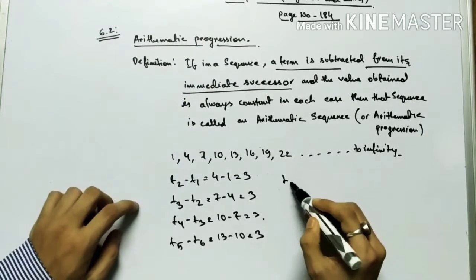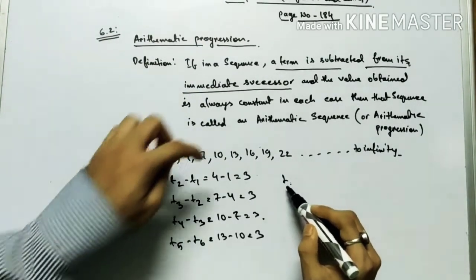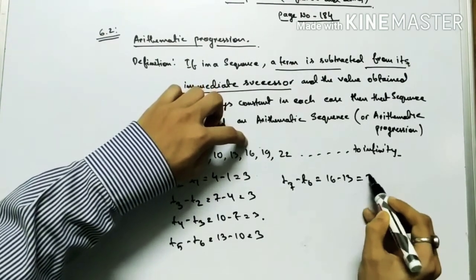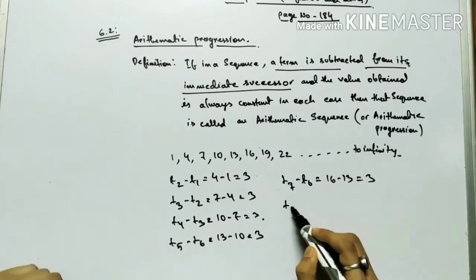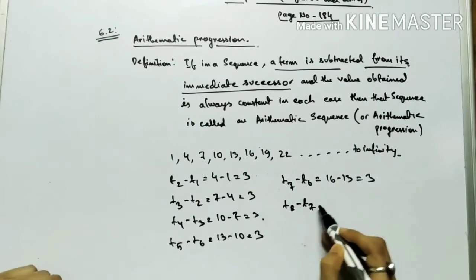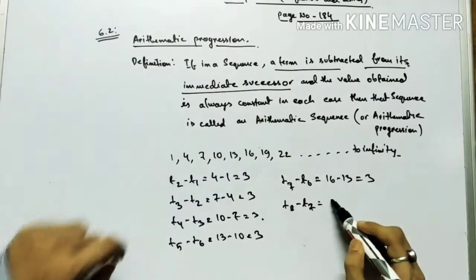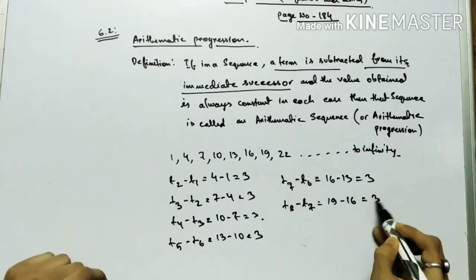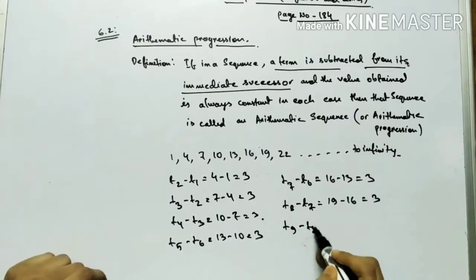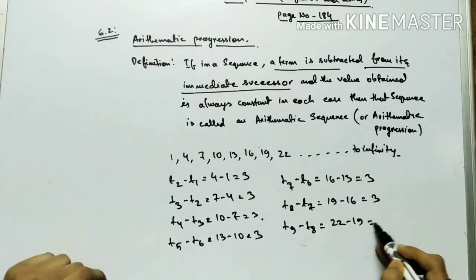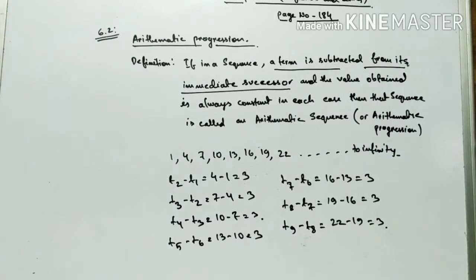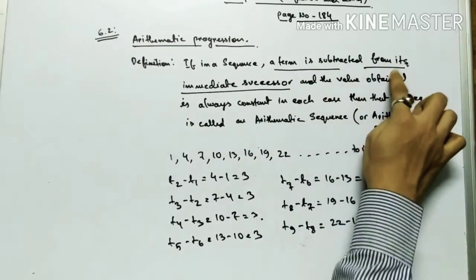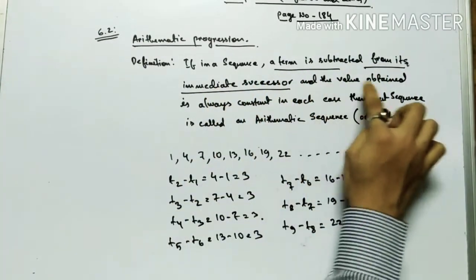Next, t6 minus t5, 16 minus 13, 3. Again, t8 minus t7, 19 minus 16, 3. Again, t9 minus t8, 22 minus 19, 3.